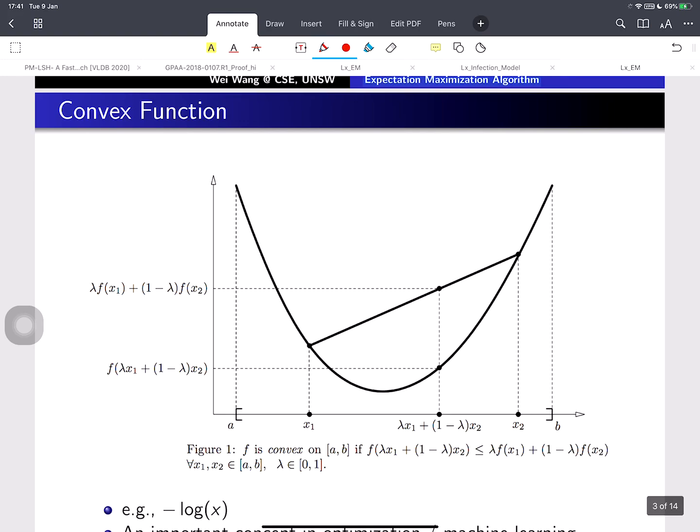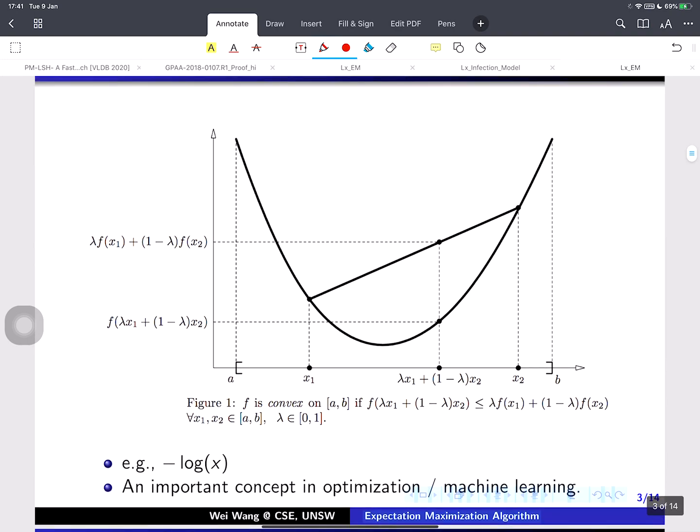A convex function is defined as follows. This is if and only if.